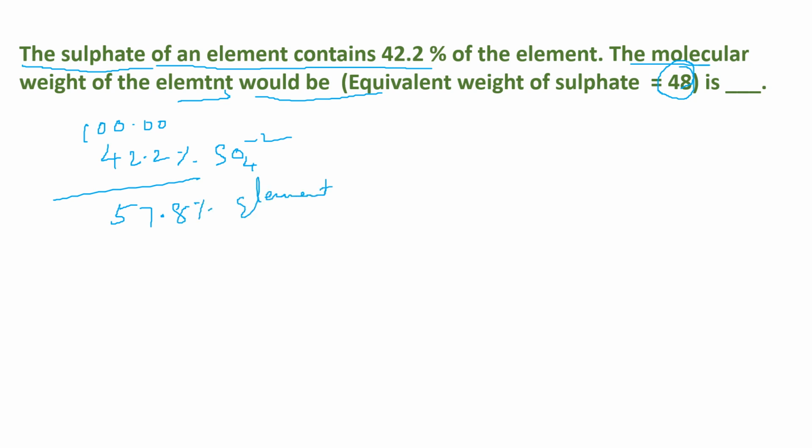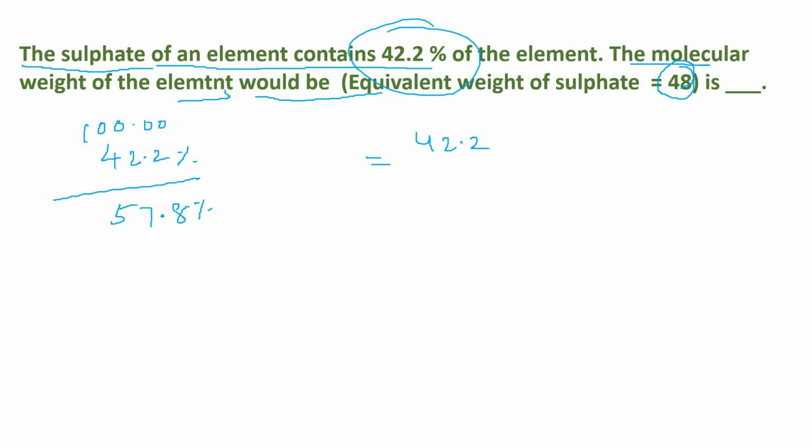Then now we'll proceed as per our old system. What is that? The given weight of the substance, how much? That is 42.2. Why is 42.2 the element? It is given. So this is sulfate. We calculated, by mistake I wrote it oppositely.